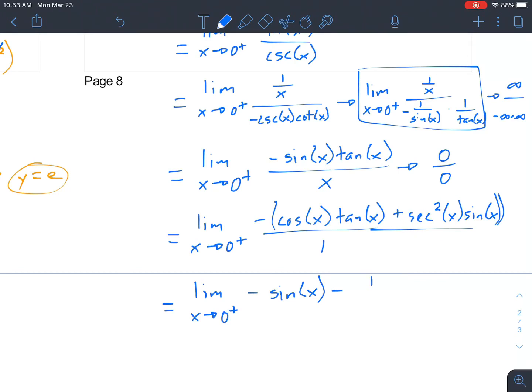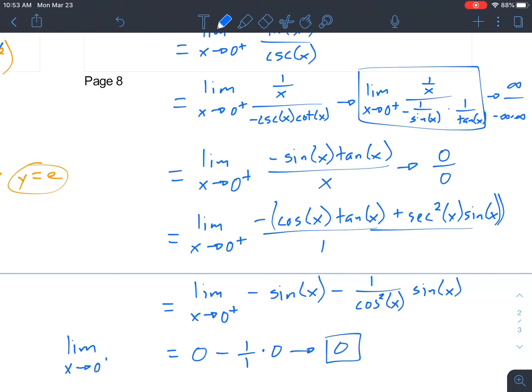So I'm going to write this as 1 over cosine squared of x times sine of x. When we evaluate this limit, sine of x is 0. This part here is going to become 1 times 0. And our limit of natural log of y is going to be 0.